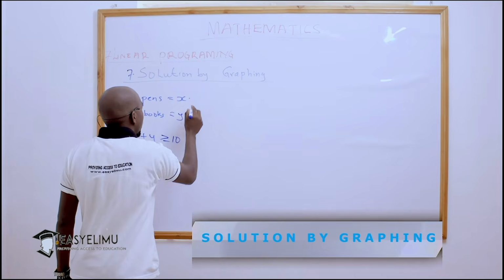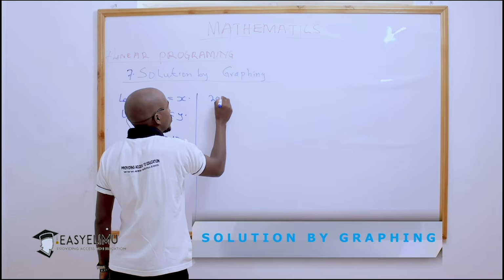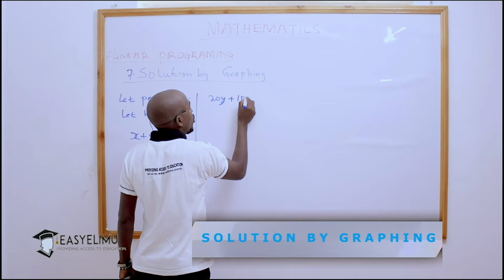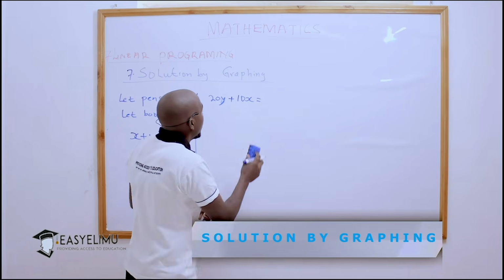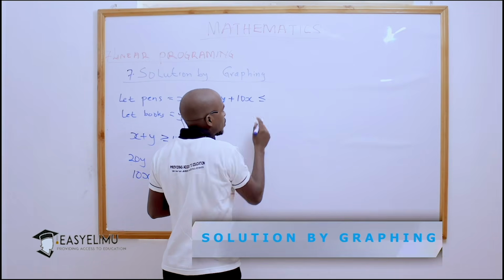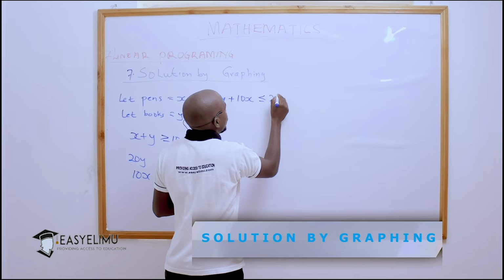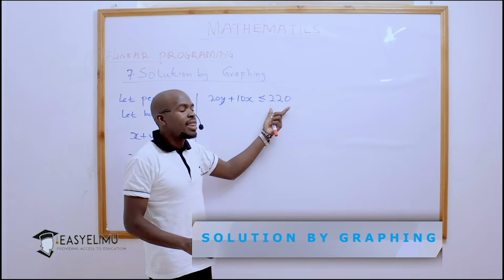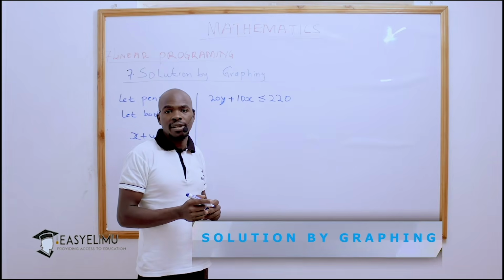So what? If we take the total amount spent on books and add the total amount spent on pens, we should get either the total amount the student is having, which we have been told is 220 shillings, or less than 220.